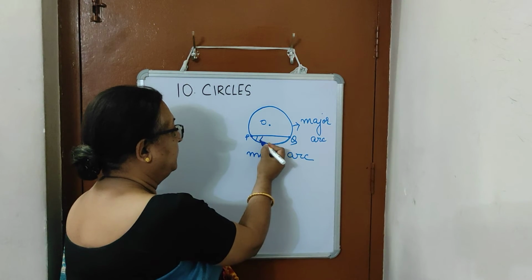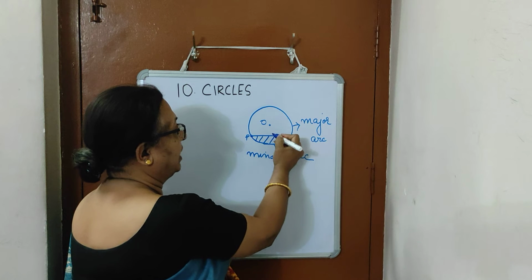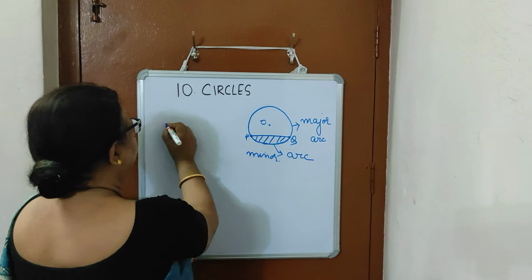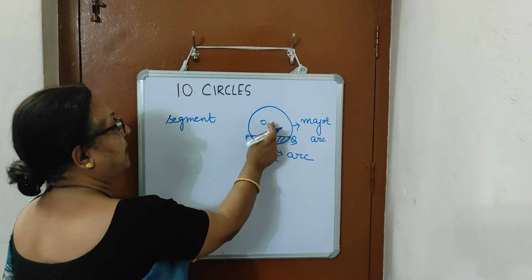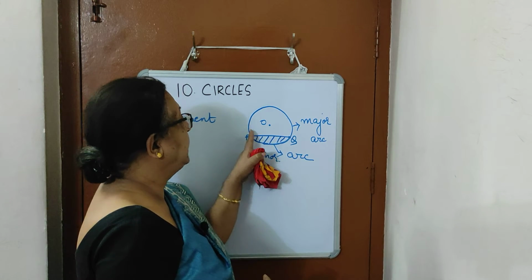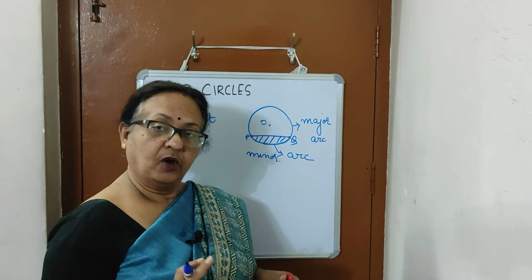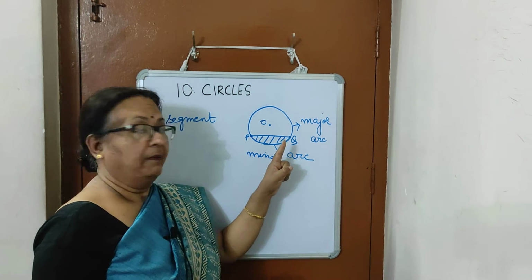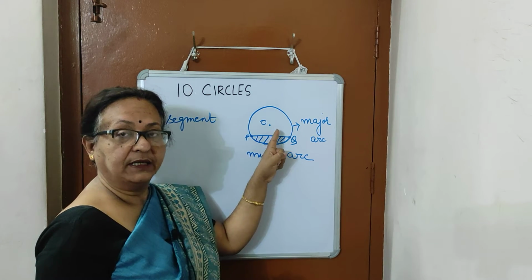This is one and this one is the second. Each part is called a segment. The smaller one is the minor segment and the bigger one is the major segment. Now you understood what is minor arc, major arc, minor segment and major segment.